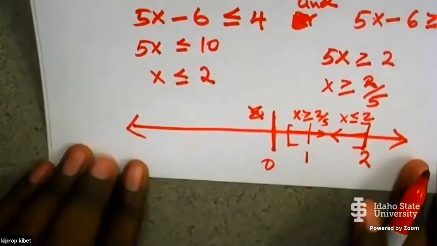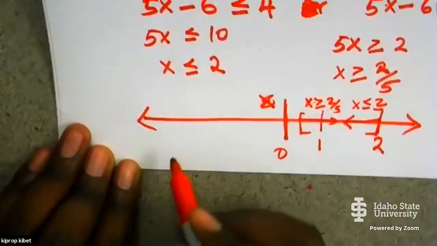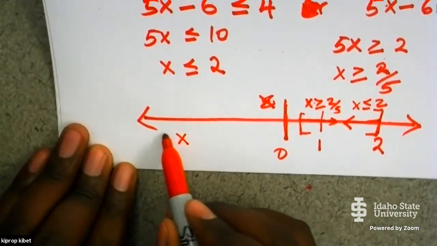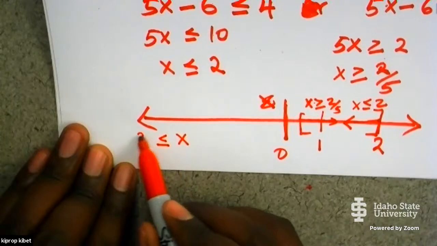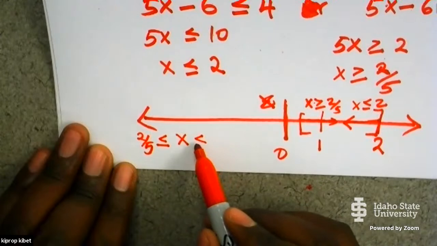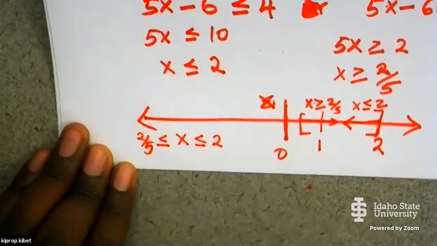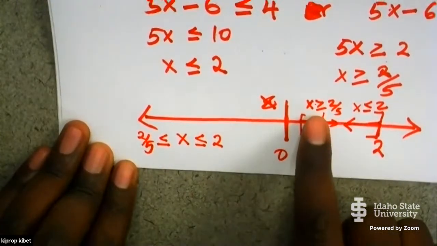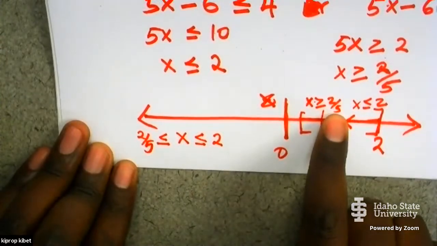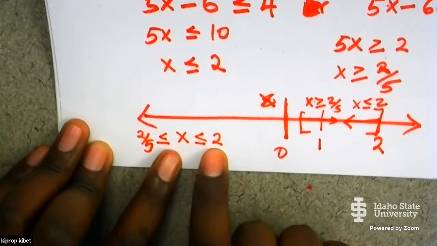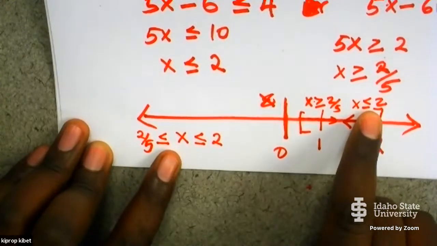So our algebraic notation will be x greater than or equal to 2 over 5, and x is less than or equal to 2. Looking at this, x is greater than 2 over 5, which is this one, and then x is less than 2.